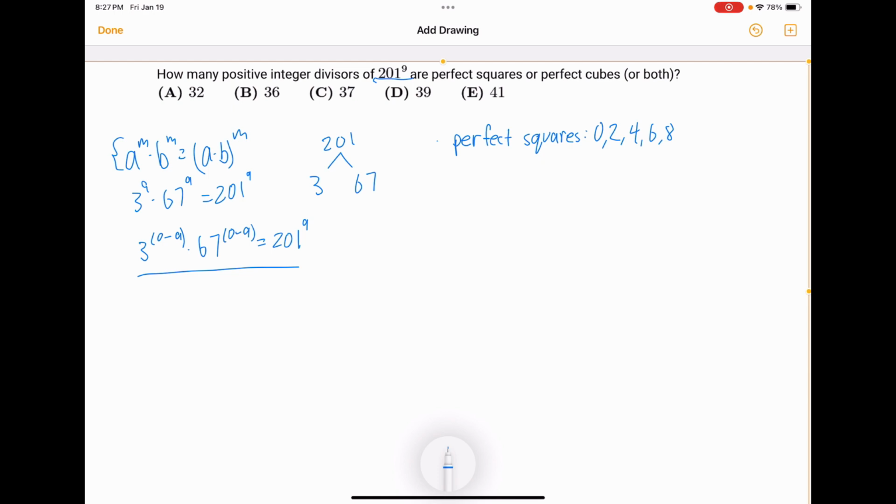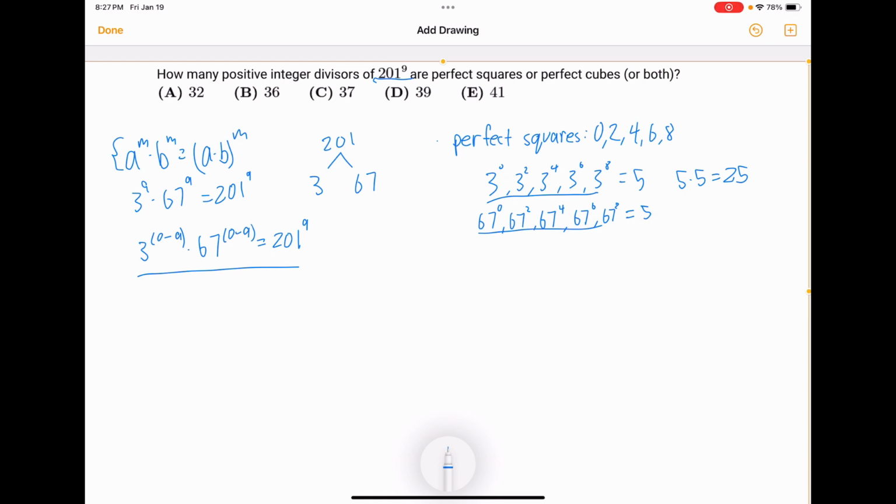So this would give us the following combinations. This gives us 5 choices for each, so 5 times 5, which is 25 possible combinations for perfect squares. So we have 25 perfect squares.